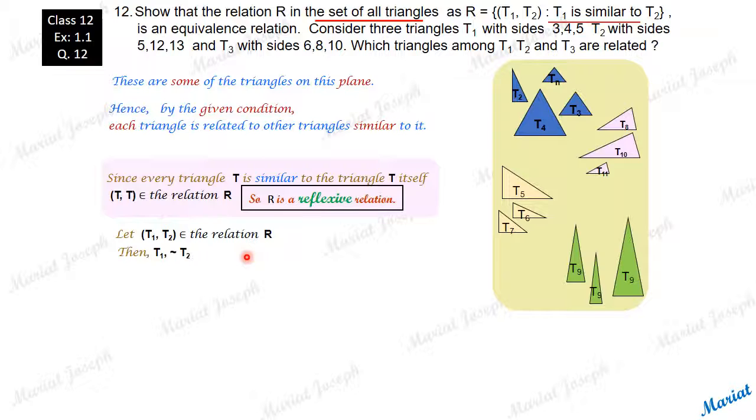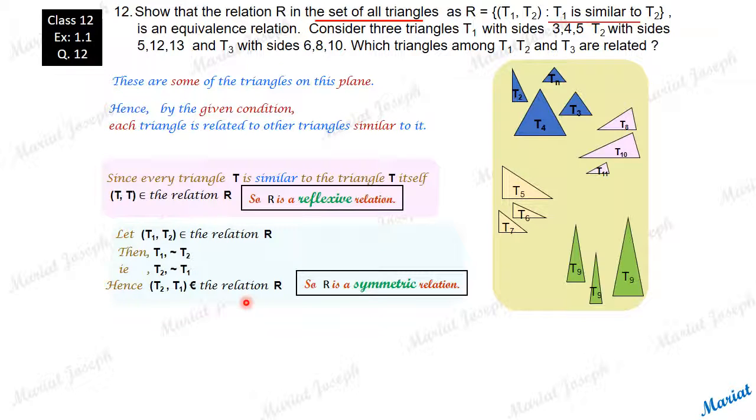If T1, T2 belong to the relation, T1 is similar to T2, which implies T2 is similar to T1. That means T2, T1 can also belong to the relation. Look at the logical way of proving it. Whenever the pair T1, T2 is in the relation, that means T1 is similar to T2, which means T2 is similar to T1, that is T2, T1 also belonging to the relation. Hence, the relation is symmetric.